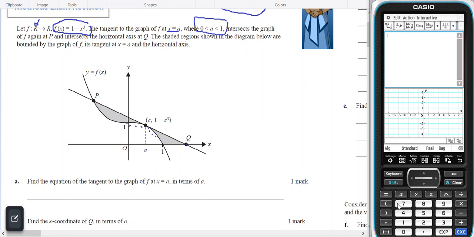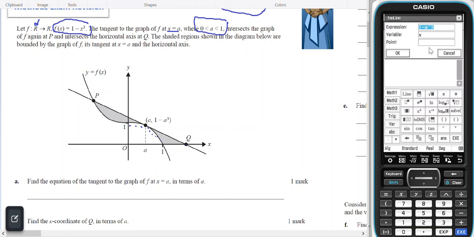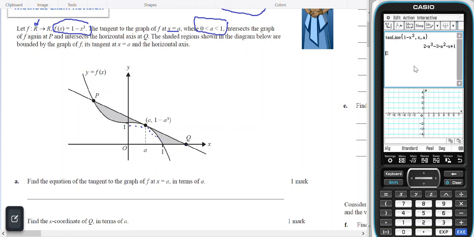Okay, so let's put in 1 minus x cubed, and let's find the equation of the tangent line at x equals variable a, and that gives me an answer, which is y of the tangent is going to equal, I'd like to put the gradient bit first, so minus 3a squared x plus 2a cubed plus 1, but you could write it all out like that, but just make sure there's a y equals.